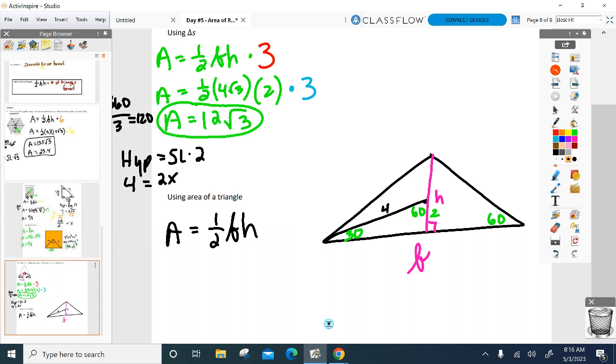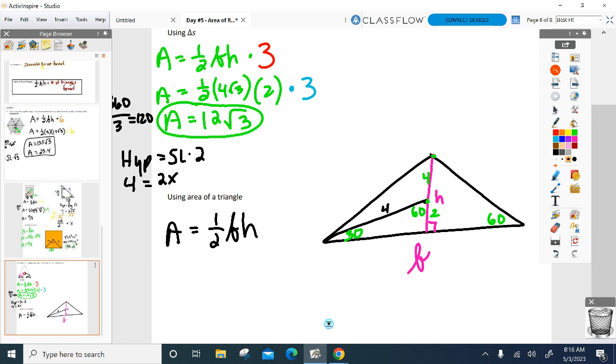It's 4. Why? Because it's a radius, isn't it? So all the radii are the same, so that's got to be 4. So I already know that's 6 for your height.